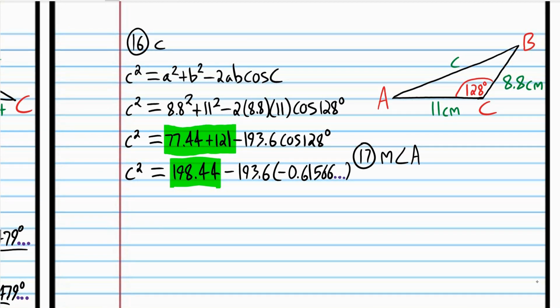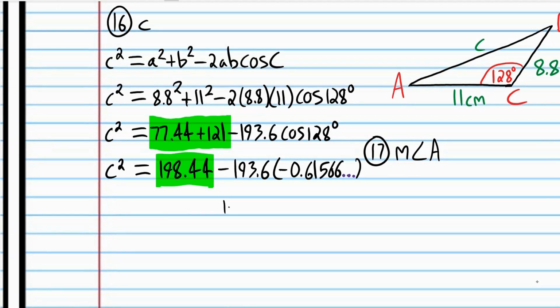And so we're going to multiply that by negative 193.6. And we get approximately 119.192. And you want to keep that number in your calculator. And this should technically be an approximately equal to symbol.